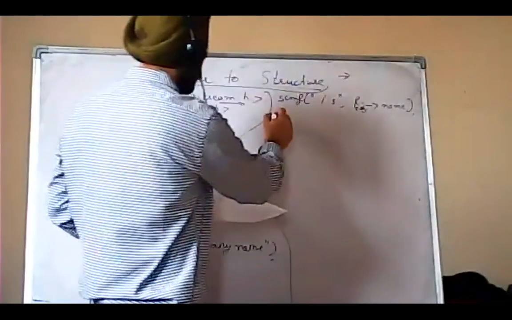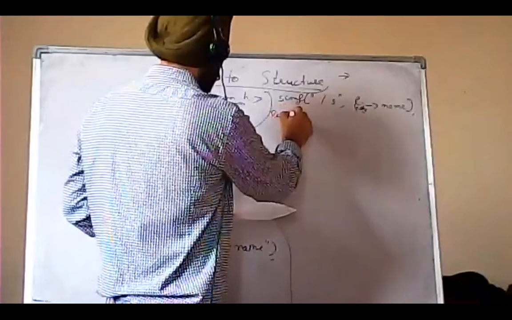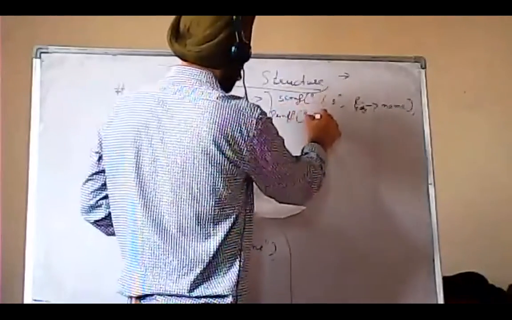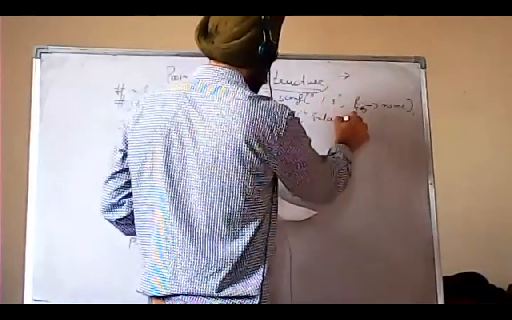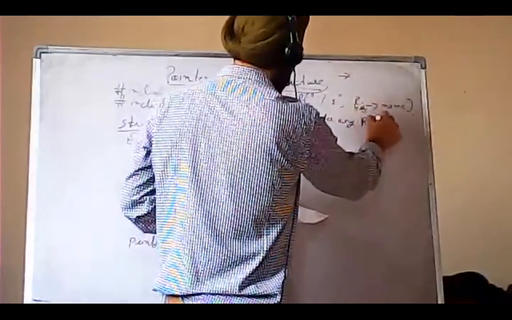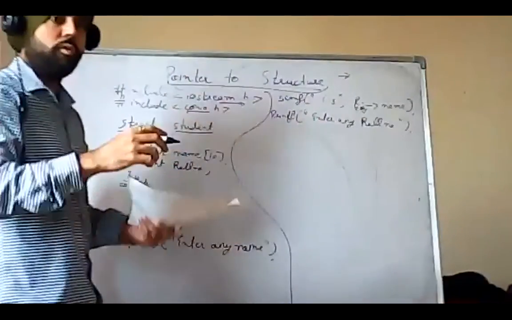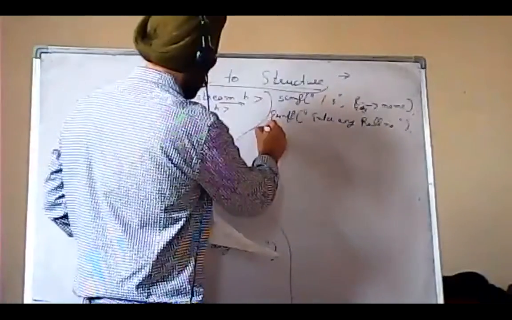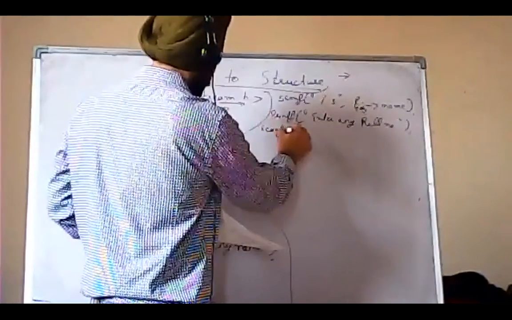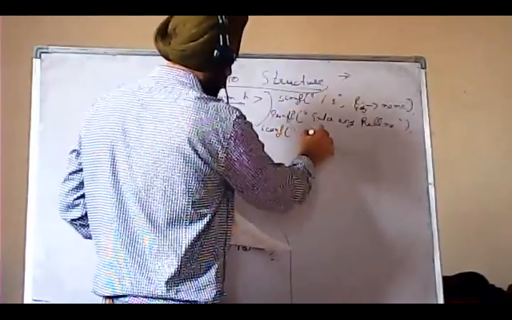So next, the second step is to enter the value of roll number. First we will write enter any roll number. So how will we enter roll number? Again we will use scanf %d. Why %d?